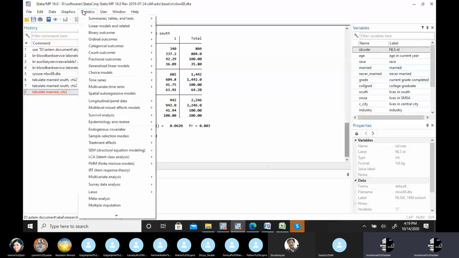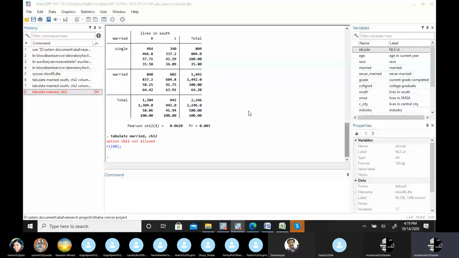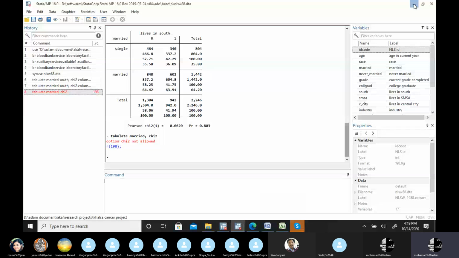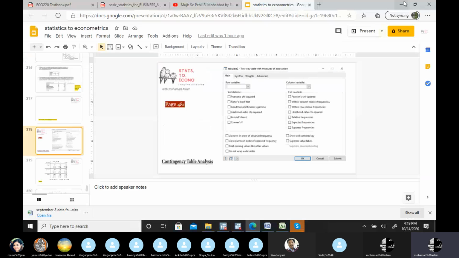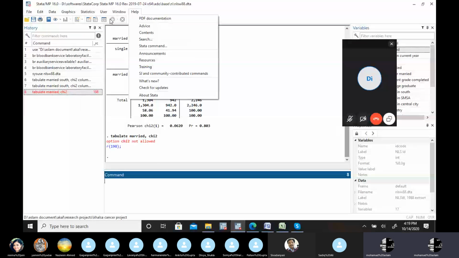Within frequency tables, there is a two-way table with measures of association.